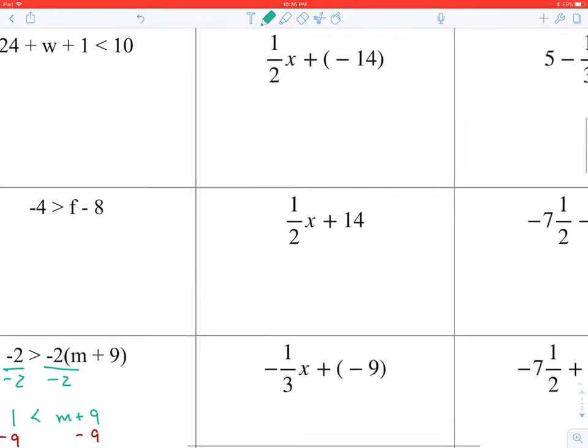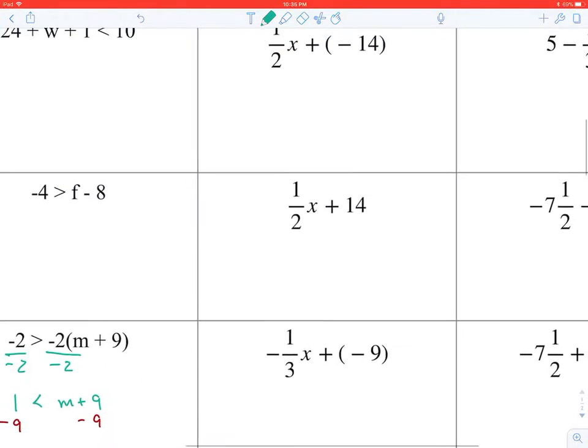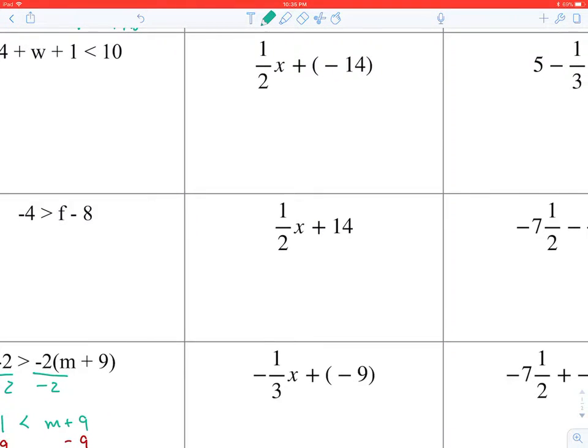Here with the fraction, I'm going to do this next one with the fraction, and then we'll move on to the last one. I'll let you handle those two in the middle. So here on this one with the fraction, the only thing you can factor out of 1/2, well, you can actually factor a lot out of 1/2, but what we're going to be pulling out of this expression is the 1/2 itself. We're going to take out this coefficient, and then 1/2 divided by 1/2, that's just x.